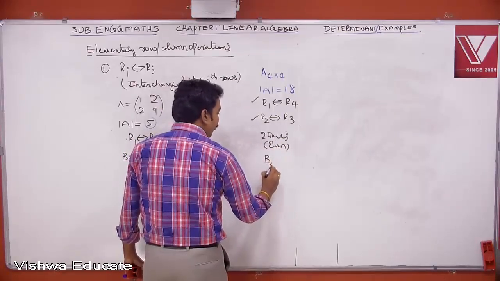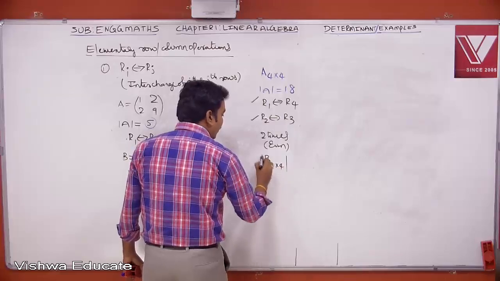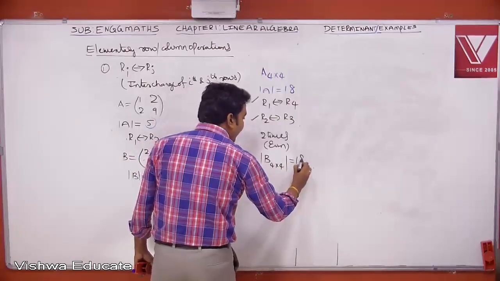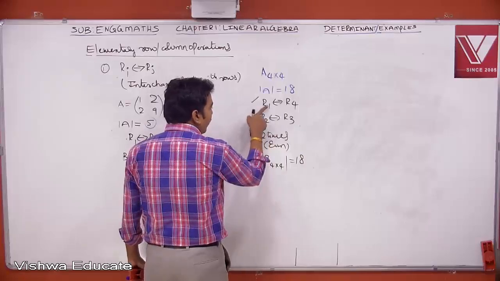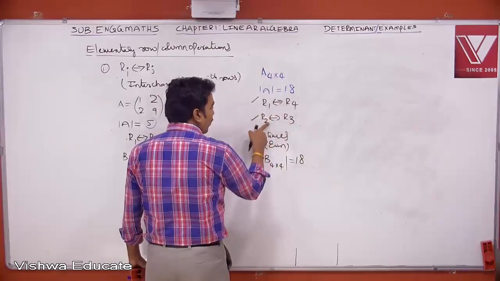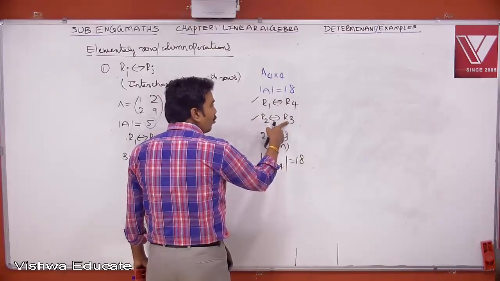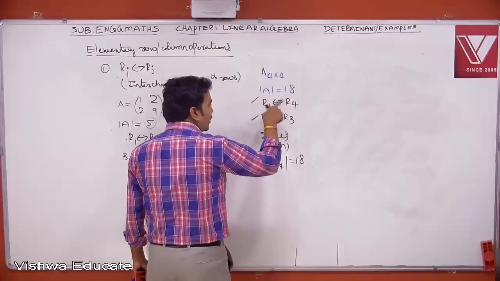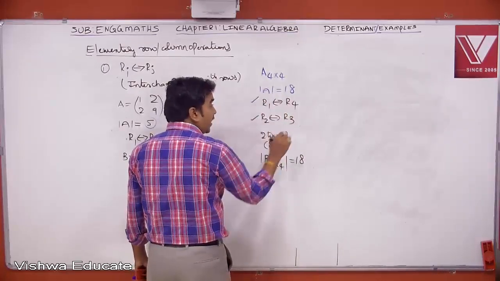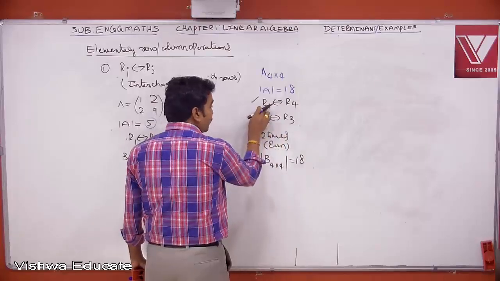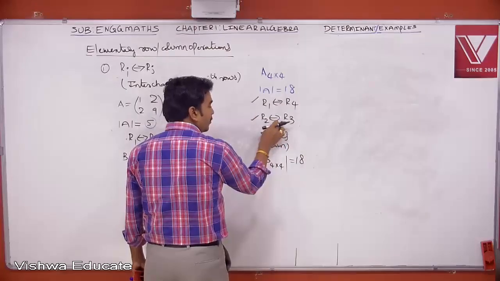Again its size is 4 by 4, but in this case the determinant of this matrix will again be plus 18. You can see one important point here. R1 is exchanged with R4, R2 is exchanged with R3. No matter which rows, how many rows are getting exchanged, the only point is how many times the rows are getting exchanged. Here R1 is involved, but here R1 is not involved.